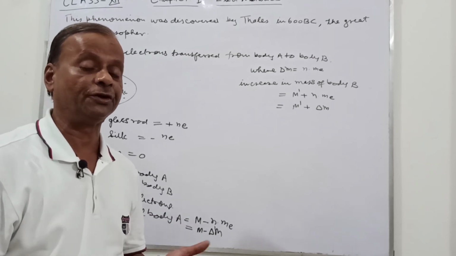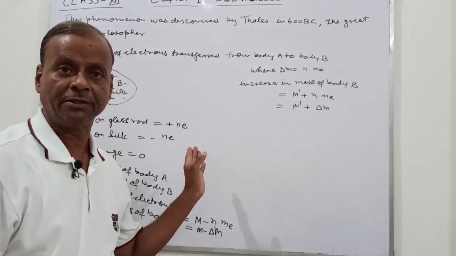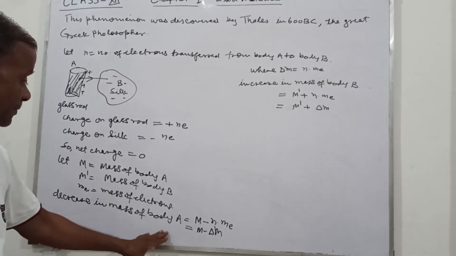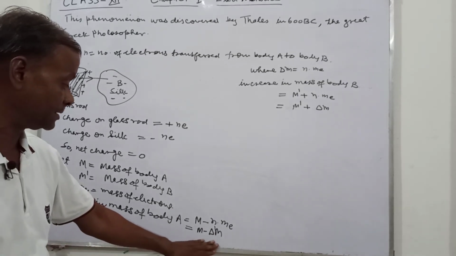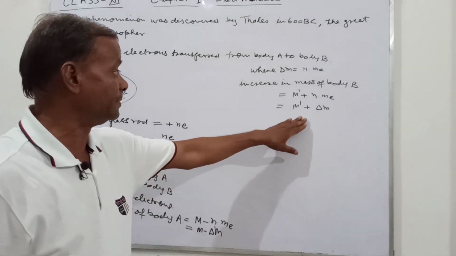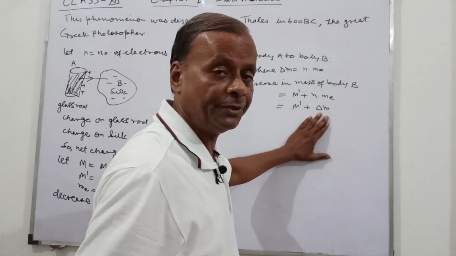So the mass of body A will decrease by delta M, and a similar amount will increase on body B.